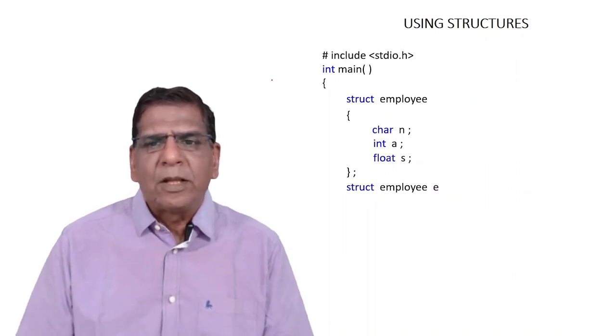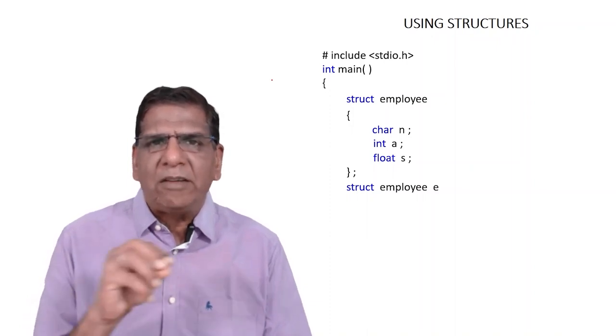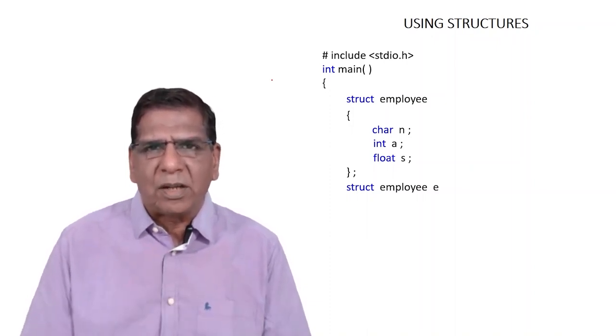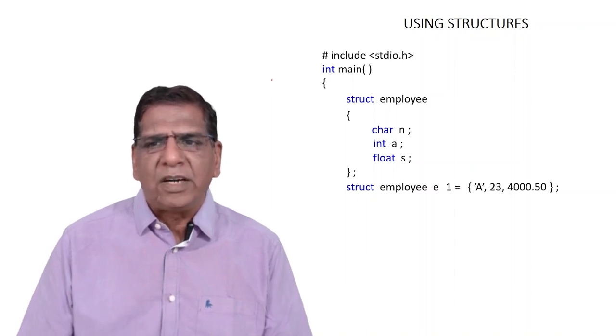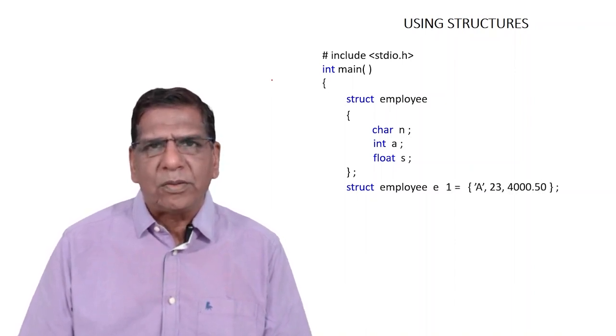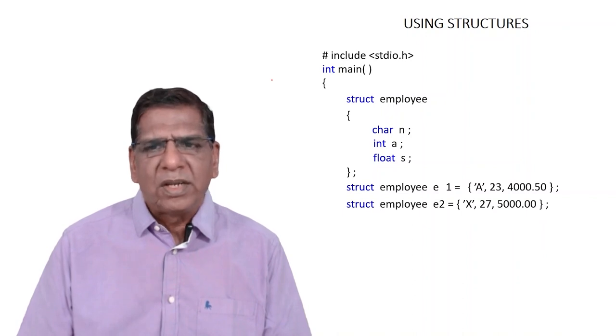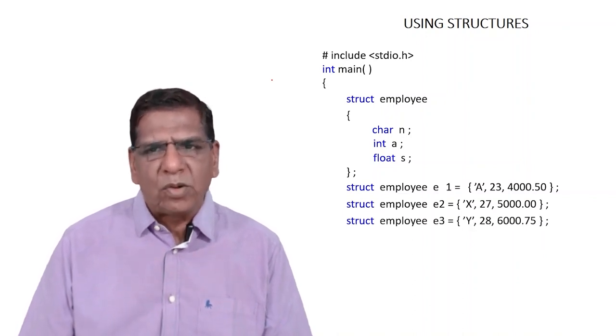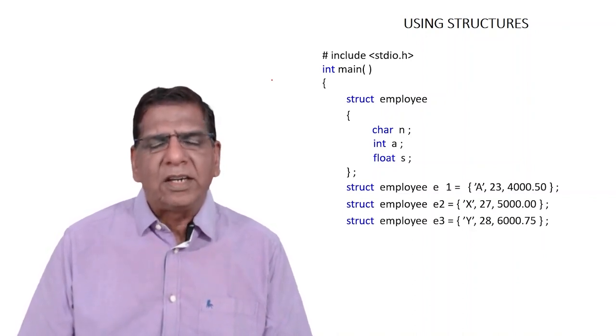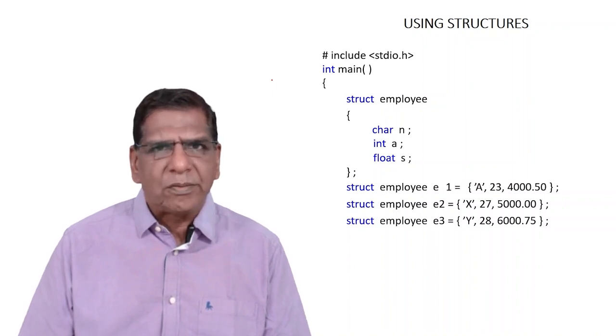Fine. Not only do I want to define E, a variable of the type struct employee, I also wish to initialize it. And since we propose to create 4 such variables, I would say E1 is equal to A, 23, 4000.5. Similarly, struct employee E2 equal to X, 27, 5000.0 and struct employee E3 equal to Y, 28, 6000.75.